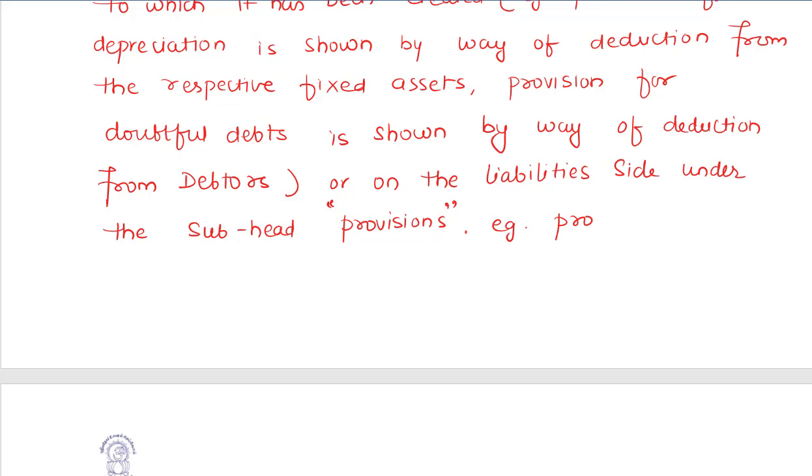Example, provision for taxation or provision for tax.